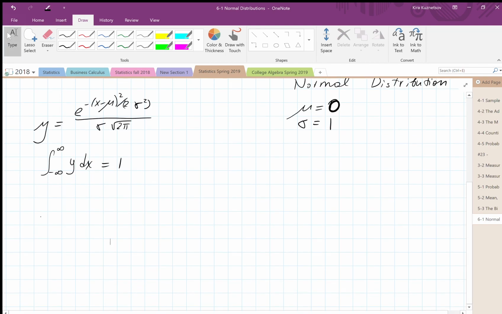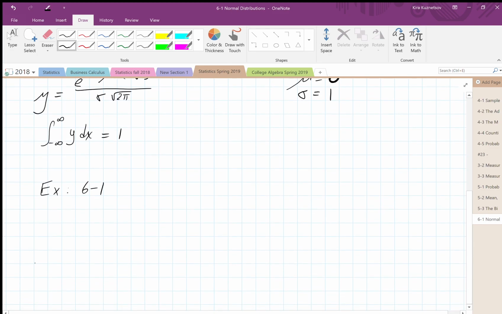So I'm looking at example 6-1, and I have my curve. So I will make sense of the pictures in this lecture and show you how to do this on a calculator in the next lecture.